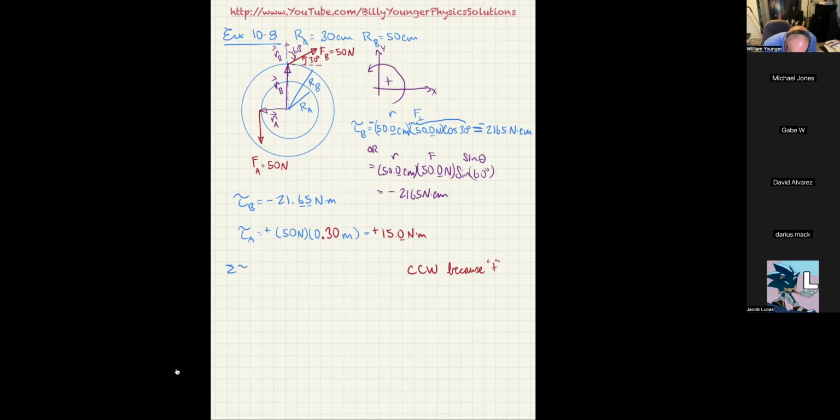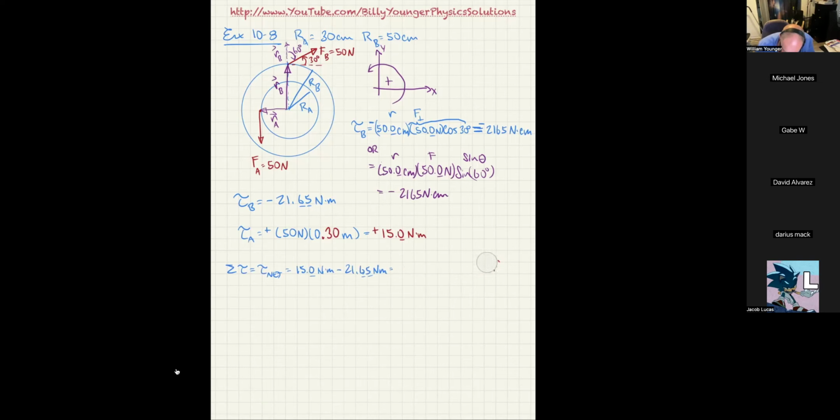We have the net torque is equal to 15.0 Newton meters minus 21.65 Newton meters. And I can't say it's counterclockwise because it's positive, because lo and behold, it's now going to be negative.